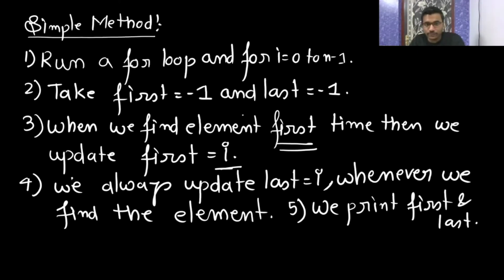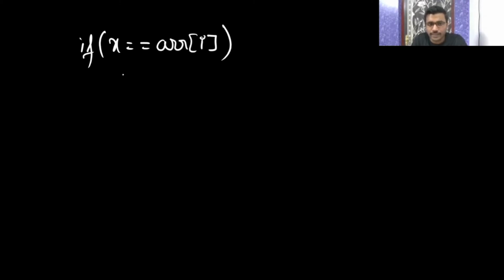Now you people tell me, if you implement that, see, I am not going to implement. It is easy. You have to just execute one for loop or while loop from i equal to 0 to n minus 1. You will initialize first and last variables as minus 1. Then you will check if x equal to a of i. If you get this the first time, then you update first equal to i.